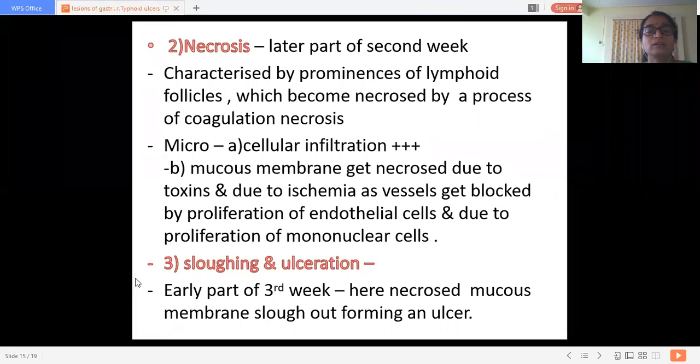The necrosis of the mucous membrane is associated with toxic discharges by the leukocytes. We call them, yes, the inflammatory enzymes released by the leukocytes. What is the name of that?